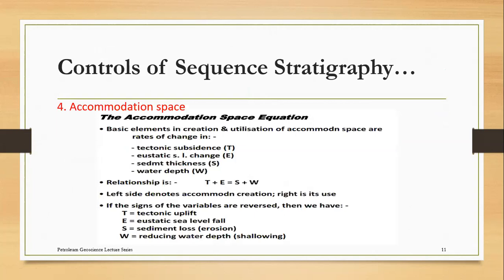Okay. Remember, we said accommodation space is the space for potential sediment accumulation. Just like you have a house that is built for potential human habitation, right? So the more houses you have, the more spaces for people to live, right?